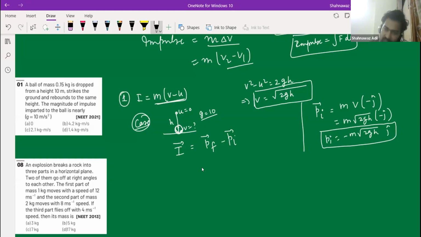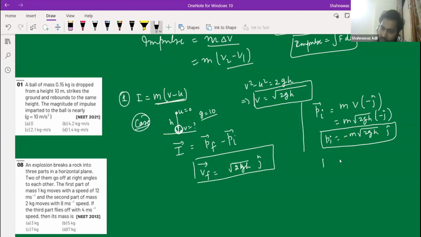So what would be the velocity? The velocity would be root 2gh, but it would have the opposite sign. So v final would be root 2gh in the j hat direction.